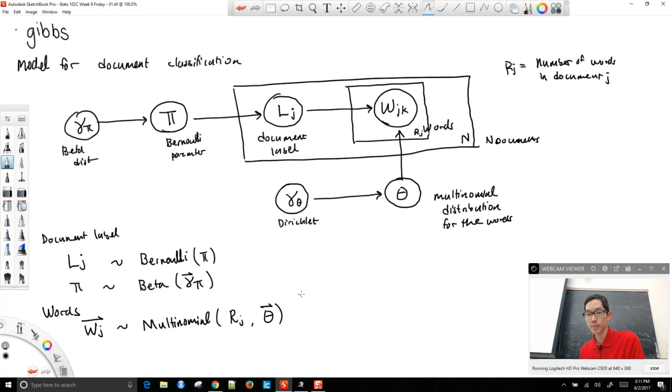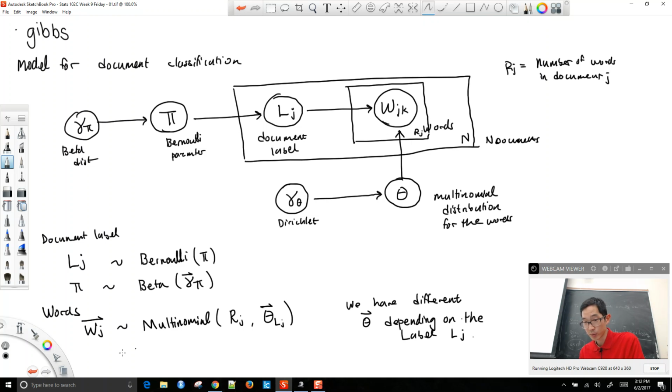And maybe I will say theta sub L, because there is a different theta sub L j. So we have different theta vectors depending on the label L sub j.